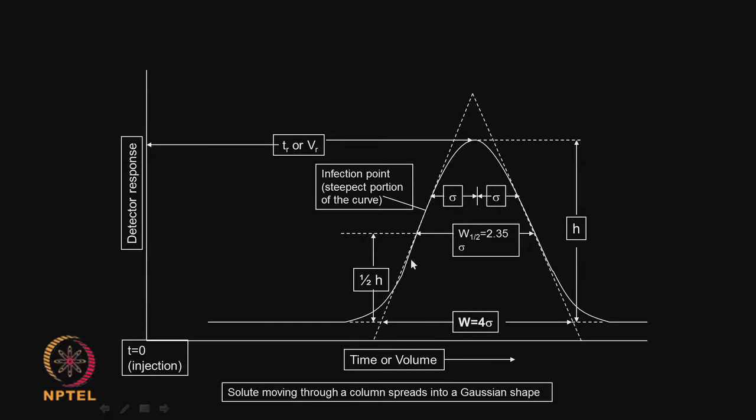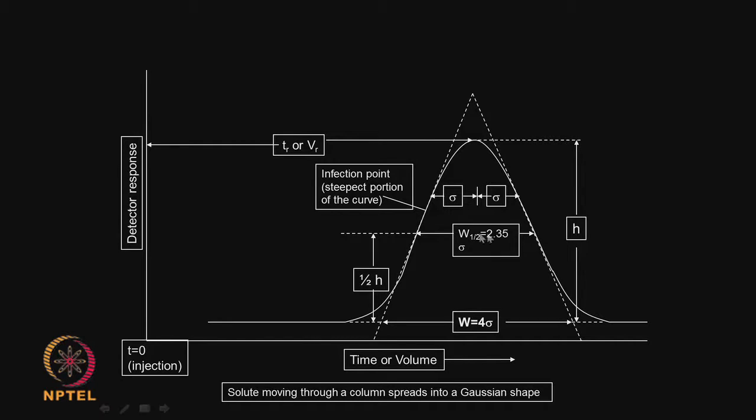You draw a tangent at the inflection point, you draw another tangent at the other inflection point, and you look at the base, that is the width at the base. And then this is the height, and if you measure the width at half height, that is called half width.